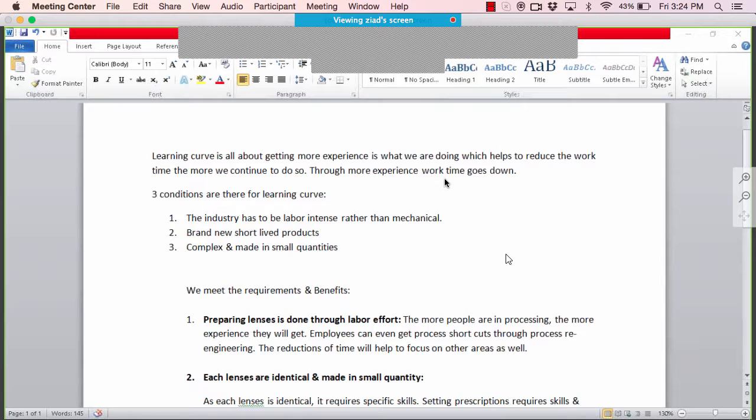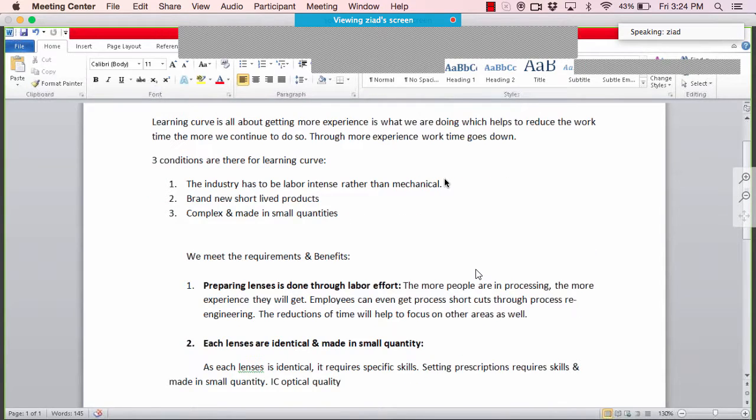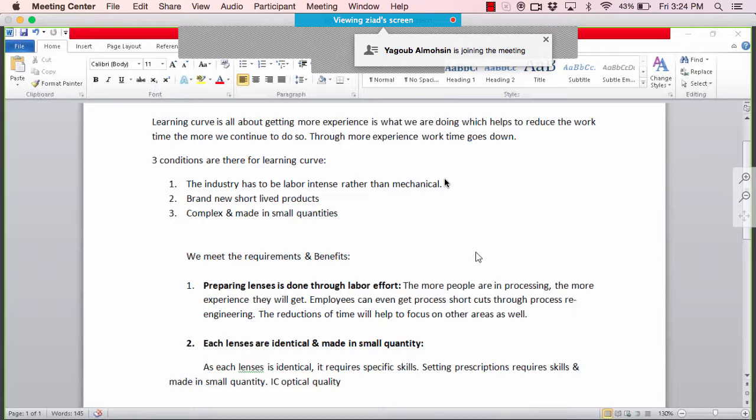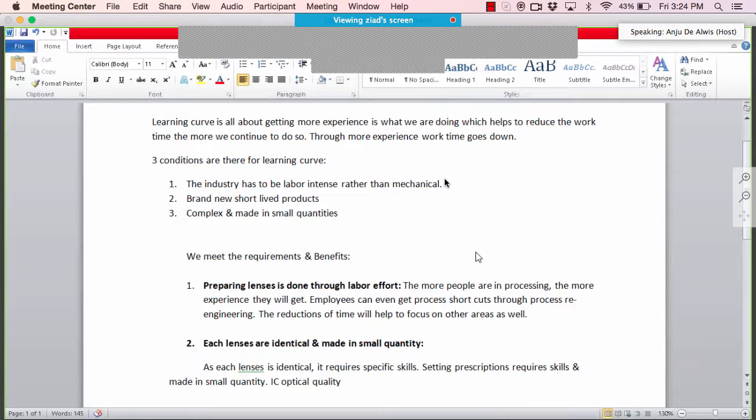Okay. So if you can scroll down a bit more. Right. Okay. Only these 2 points. We meet the requirements. Prepare lenses is done through labor efforts. Right. So one of your conditions, you informed what it is, which is good.